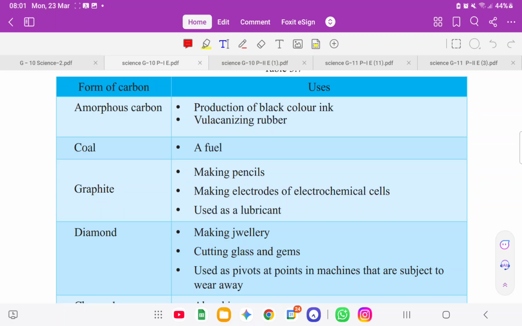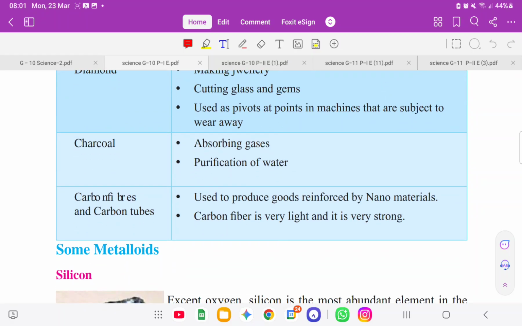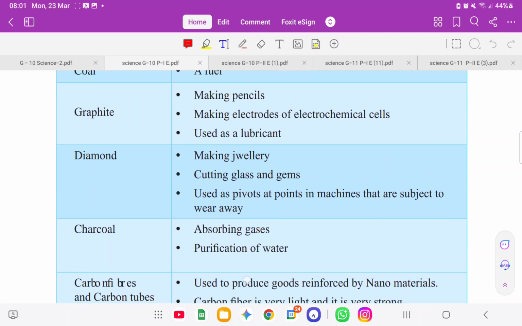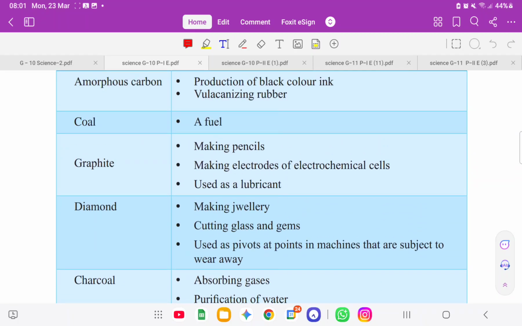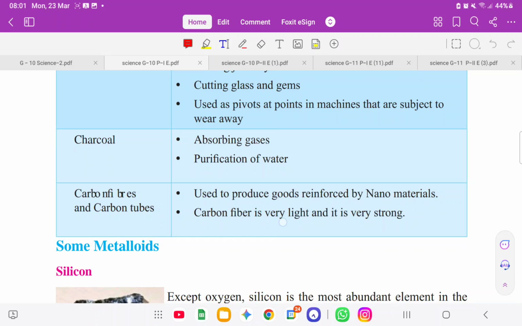Sorry, I couldn't remember that. Graphite is used for making pencils, that we know. And also the next one. Yeah, that's only mentioned here. So amorphous carbon functions in the production of black color ink and vulcanized rubber. Mainly sulfur is used, but amorphous carbon is not used. It's a new missing thing for me.